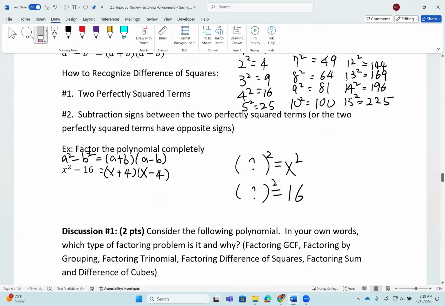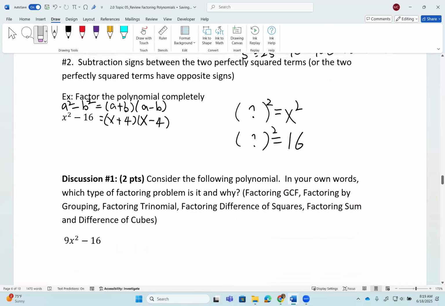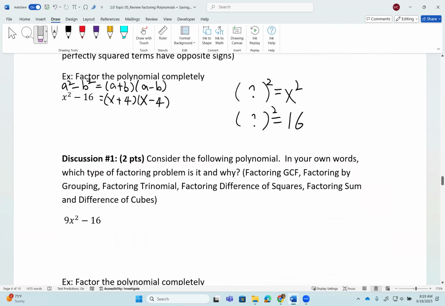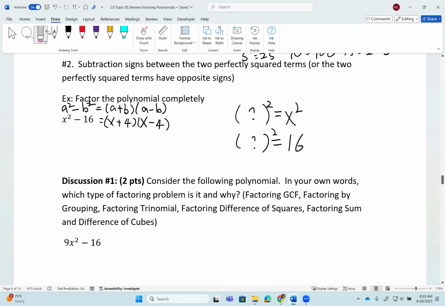That's all it is. All right, consider the following polynomial. In your own words, which type of factoring problem is this one and why? This is your first discussion. It does look like a difference of squares, right? 9x squared and 16 are also perfectly squared.